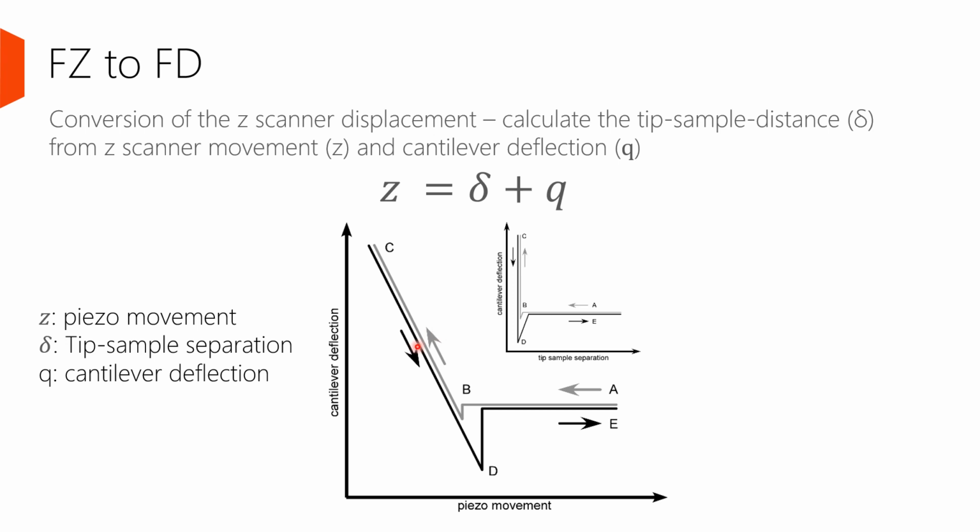But the good news is there is a simple conversion. If we assume z piezo movement is z, the tip-sample separation is delta, and the cantilever deflection is q, then we have the z piezo movement is equal to tip-sample separation plus cantilever deflection.